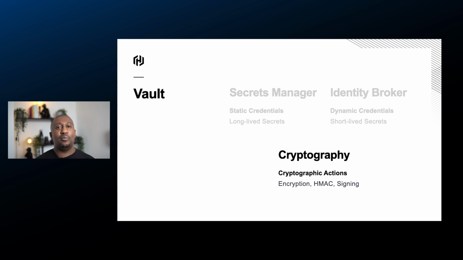So when you think about that, you have cryptography as a service, you have identity brokerage, and you have static secrets management. You can do other things within your application. Like let's just say people need to authenticate to your application and you have a username and password. If you want to add an extra layer of security, multi-factor authentication is the common pattern that is employed today.